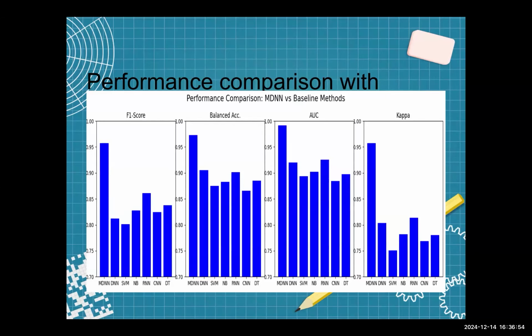Next, performance comparison. Regarding performance comparison, here we have different methods, which is 95% in modified DNN, DNN, as well as CNN, like that. There are different methods.